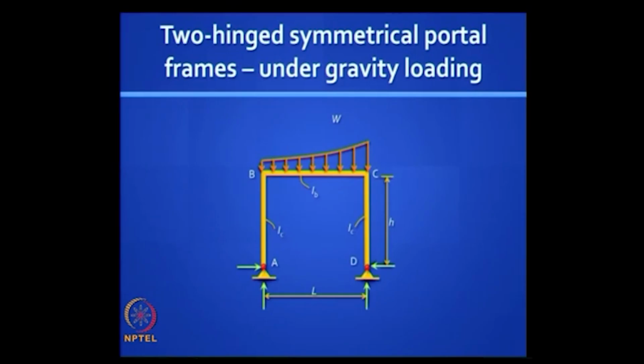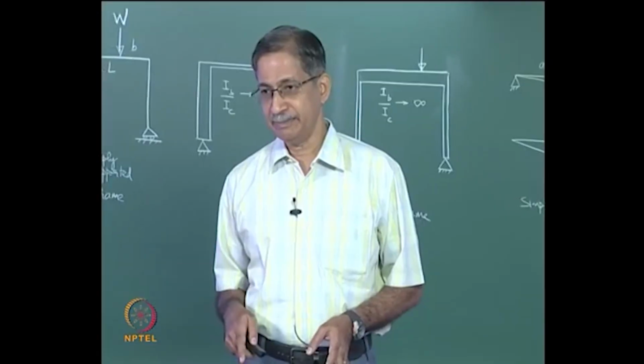How will this frame behave? Okay. First of all, can we calculate the reaction? You will notice that yes, if the resultant vertical load is W, we can get the vertical reactions as you would get in a simply supported beam. What about the horizontal reactions? What about the bending moment diagram?